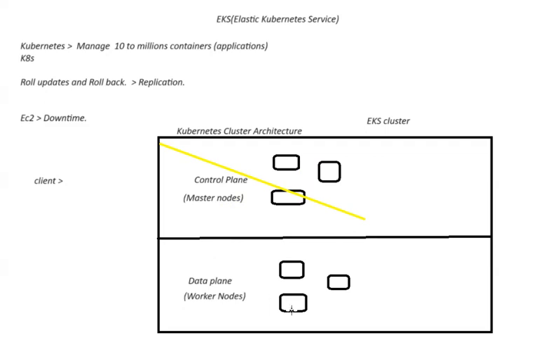So if you expect to have whole control over your infrastructure present under your data plane or worker nodes, then in that particular scenario, you choose EC2 instances in this cluster.